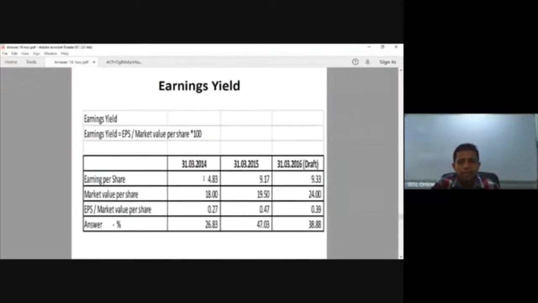Earning per share, you calculated a moment ago in the previous slide. Earning per share divided by market price per share into 100. Your earnings yield will be 26%, 47%, and 38%. The higher the value, the better it is.